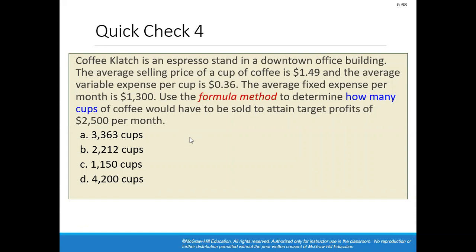You solve the problem and write your answer in the chat box. Remember, it has been mentioned that you need to use the formula method. So I'm getting good responses.